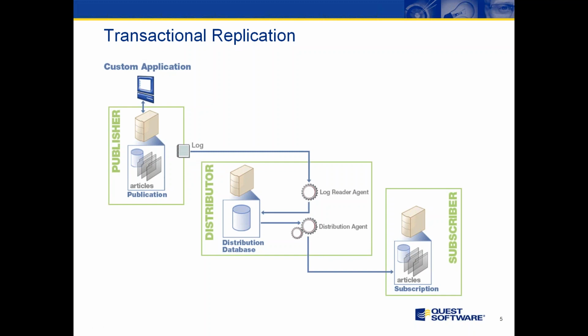If it finds any changes for a table that is part of replication, it pulls all the changes from this log file and keeps them in the distribution database. From this distribution database, the distribution agent picks up all the changes and applies them on the subscriber.